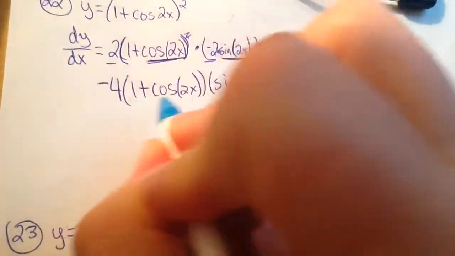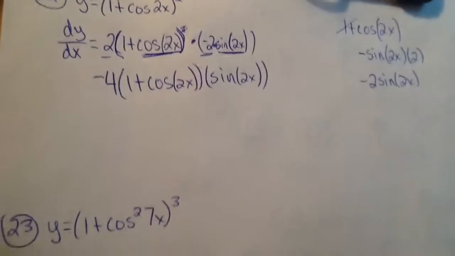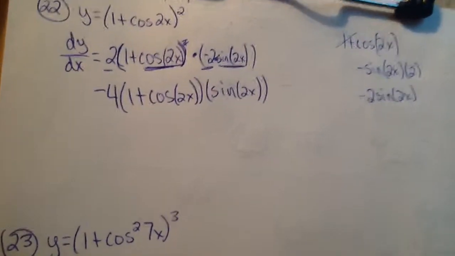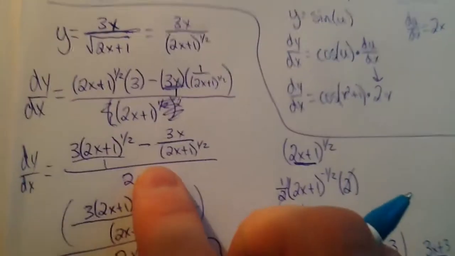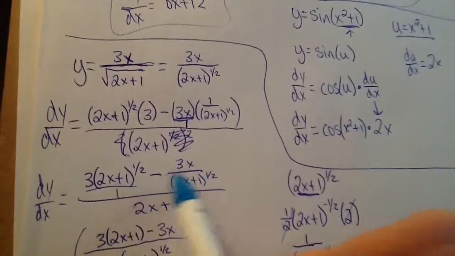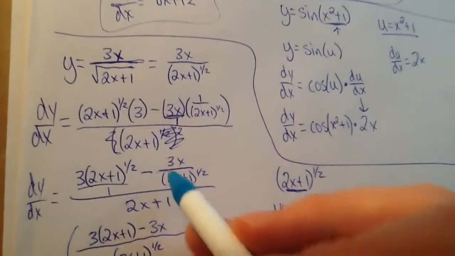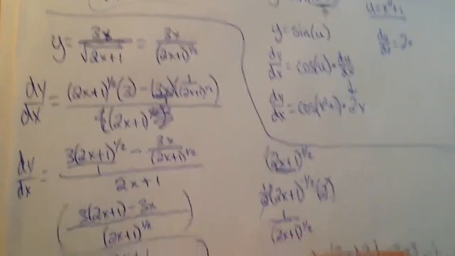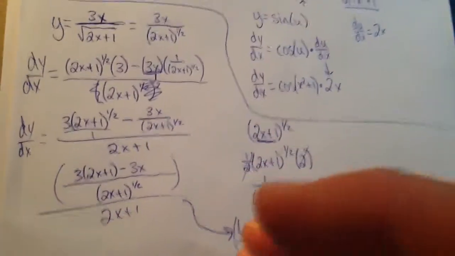You'll have sine of 2x plus sine of 2x times cosine of 2x, and you're not going to be able to do anything with that. It's not going to help. So like back here, when you have that big old ugly thing, you should recognize that, hey, I have subtraction, and I could get a common denominator, and I can get stuff together, and maybe when I get it together, divide by this, it'll all become simpler. So it's part of recognizing when to keep going and when to stop.